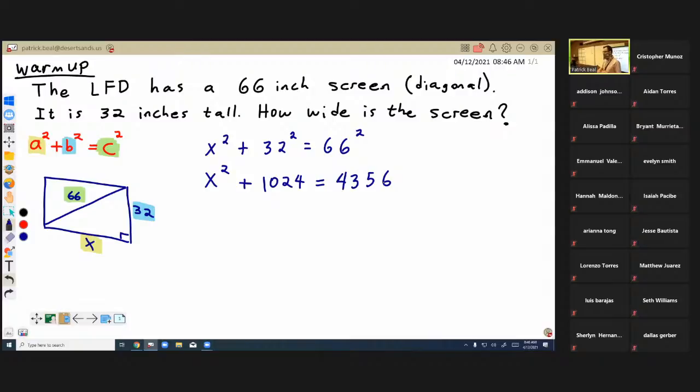That sound right? Very cool. Thank you. All right, so we got x squared plus 1024 equals 4,356. What do we do now? We want to solve for x. Yeah, Charlie? Subtract 1,124 from both sides.